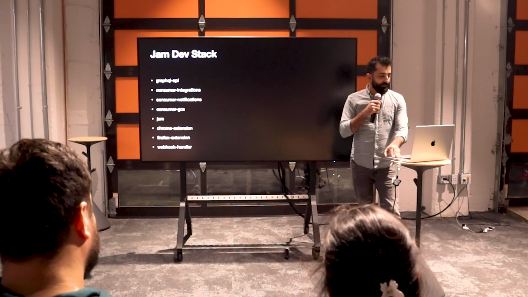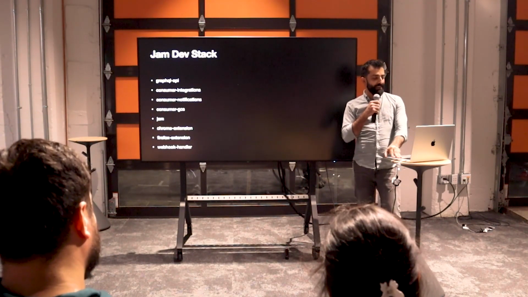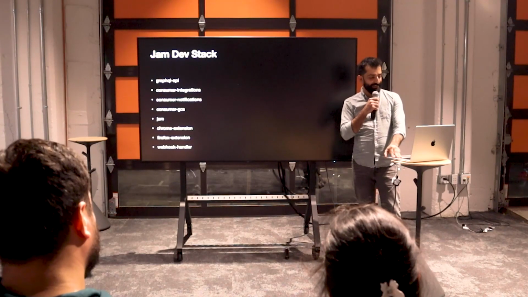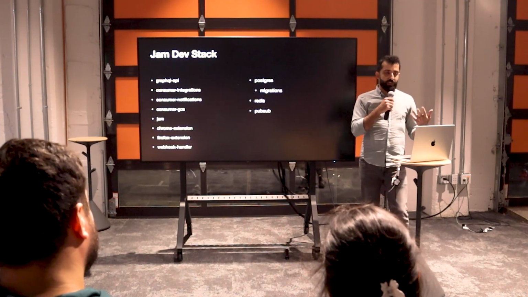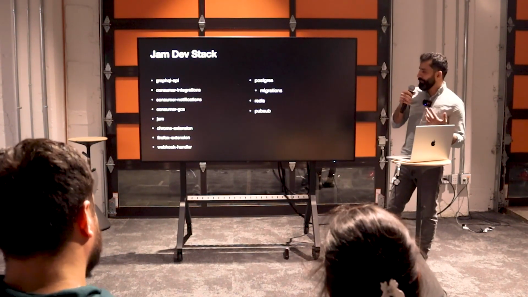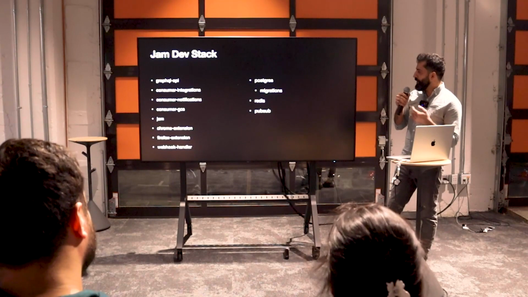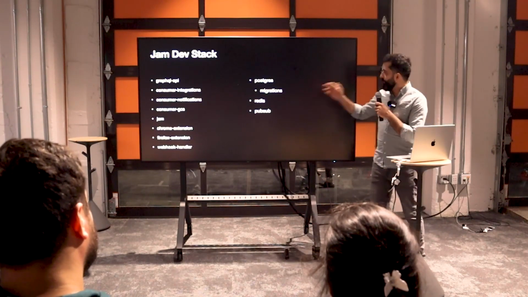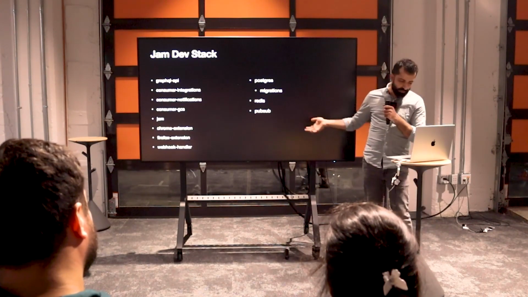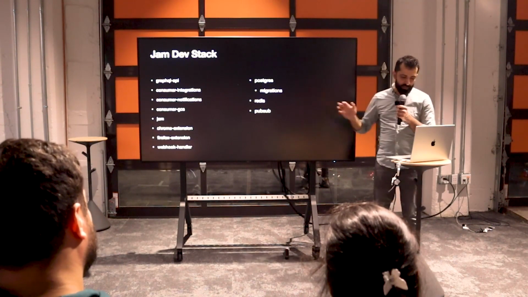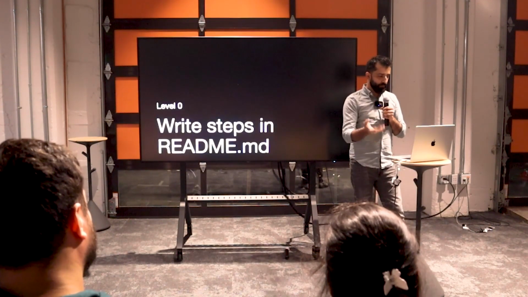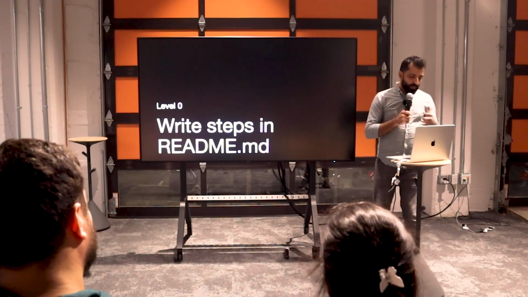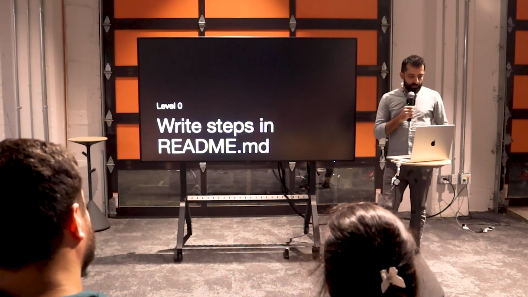At Jam, we have, I counted today, 8. I suspect I may have missed some, but it's not just the primary services that you're running on your local machine. They also have dependencies. We need Postgres for data persistence, and we need Redis for caching, and we use Google PubSub that we locally sort of emulate to push events to.